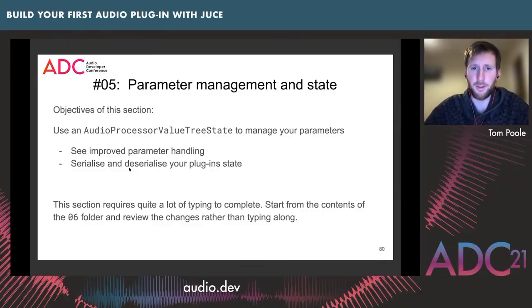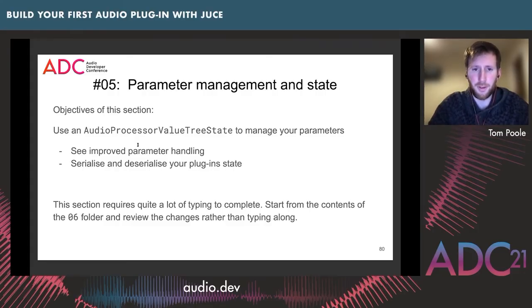So the final bit of this section is how we can tidy things up a bit. We have already touched on the fact that the parameter management leaves a bit to be desired, and we can tidy that up and also touch on serializing and deserializing your plugin state by using this object that is the audio processor value tree state.